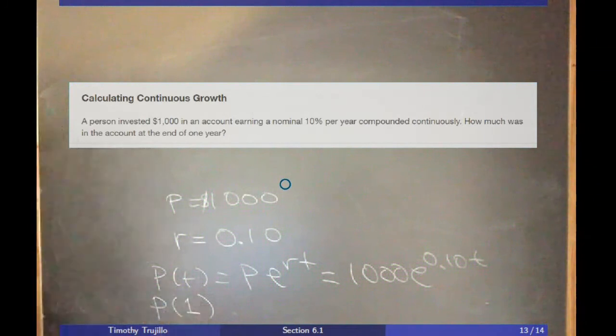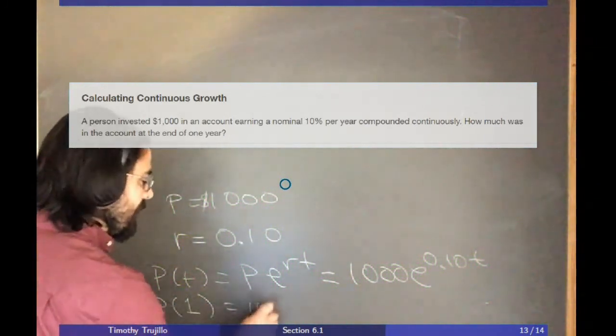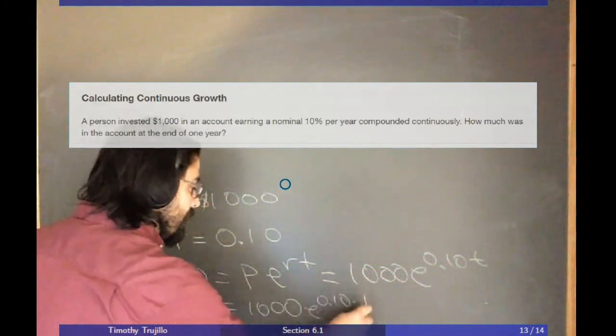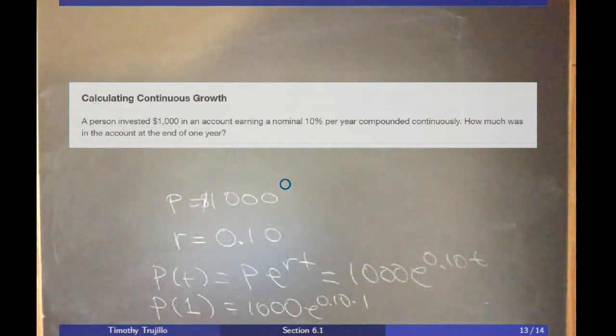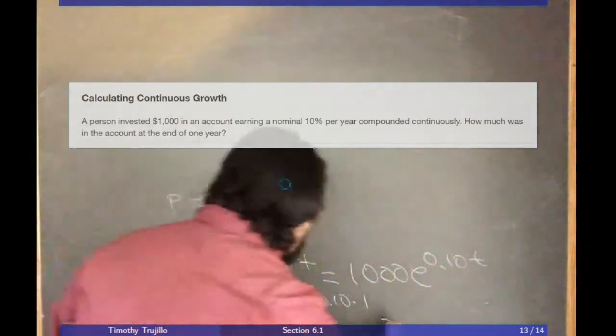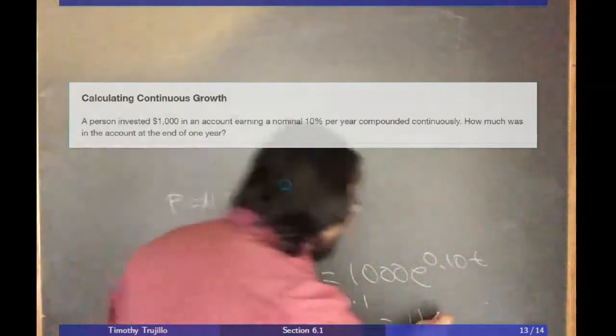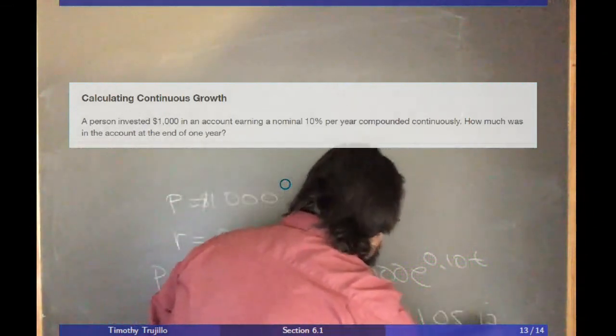Yeah, so after 1 year, that's just plugging in t is equal to 1. So we would get 1,000 times e to the 0.10 times 1. And if you type that into your calculator, you get 1,105.17.